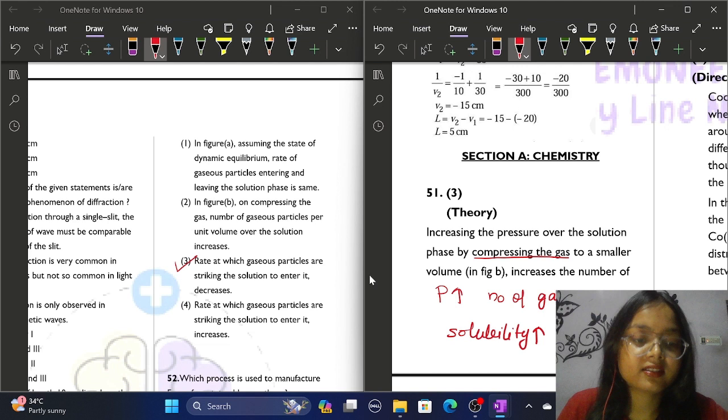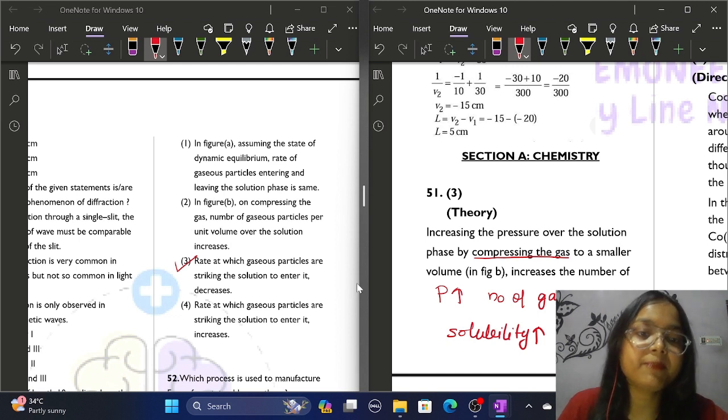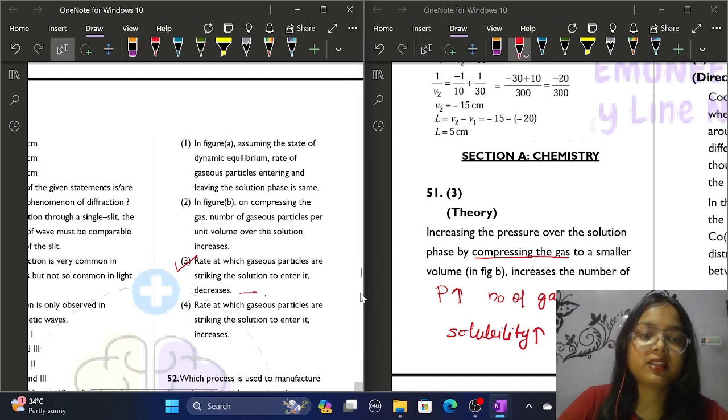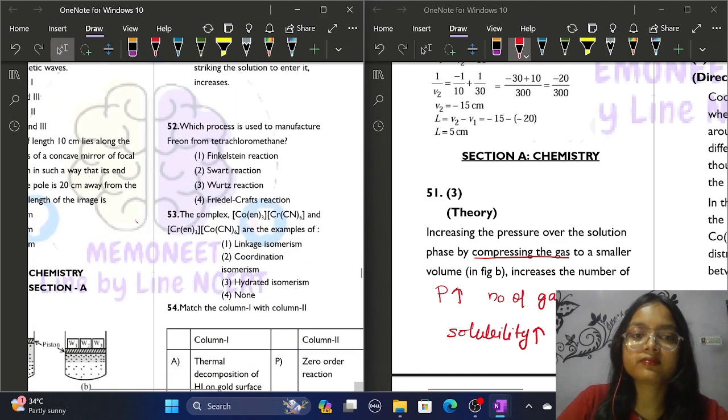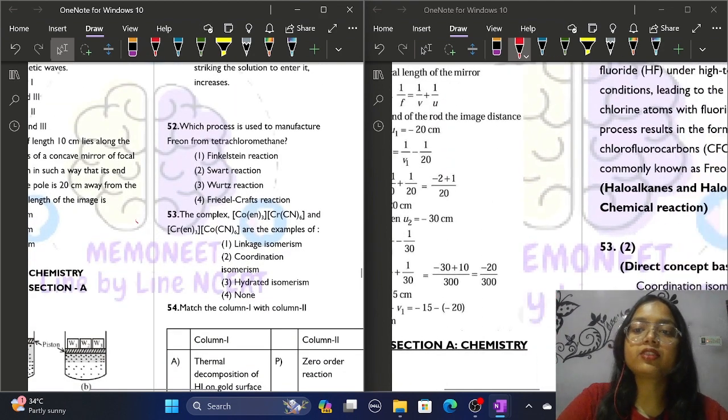So the pressure of the solution will increase on increasing the solubility, which will be confirmed by option number 3: the rate at which the gaseous particles are striking the solution to enter it decreases. So this will be the correct answer. Let's move on to the next question.